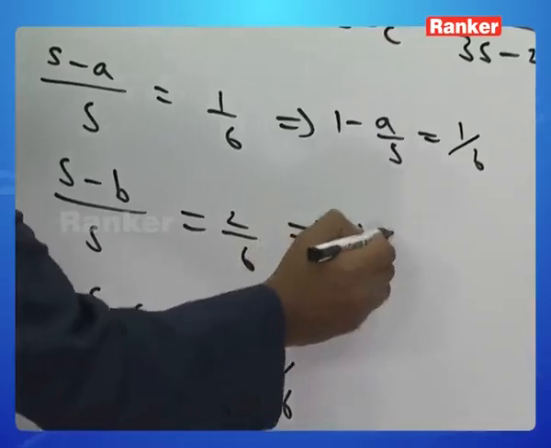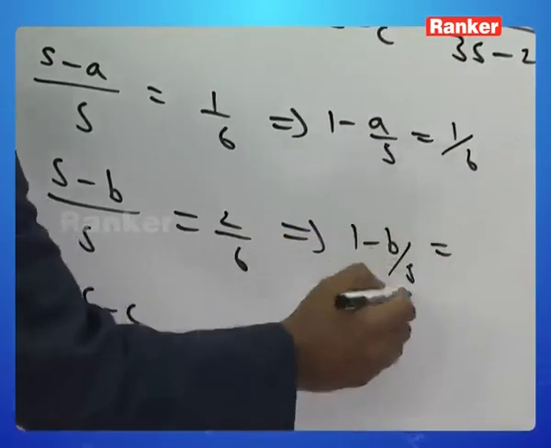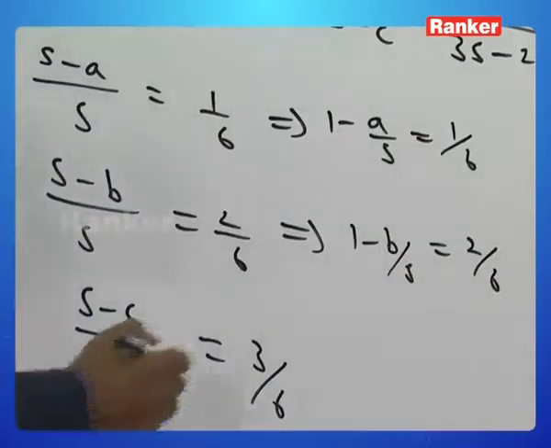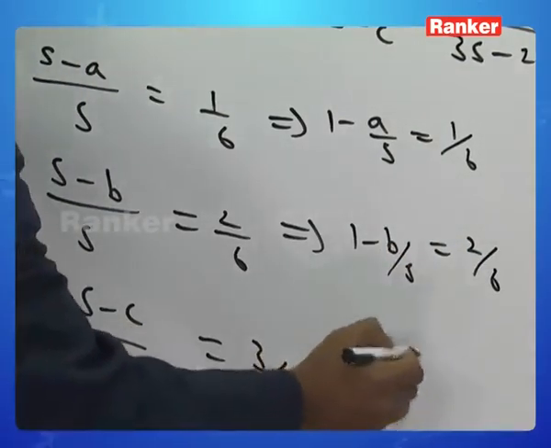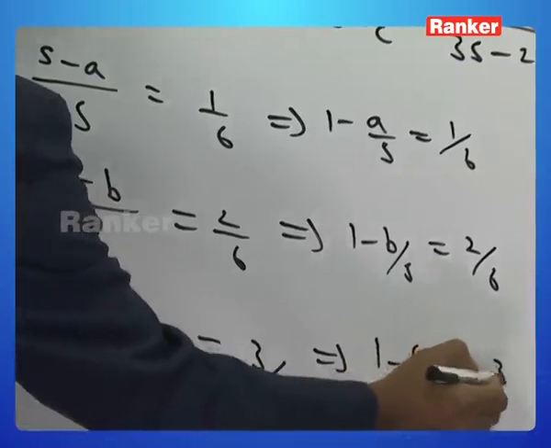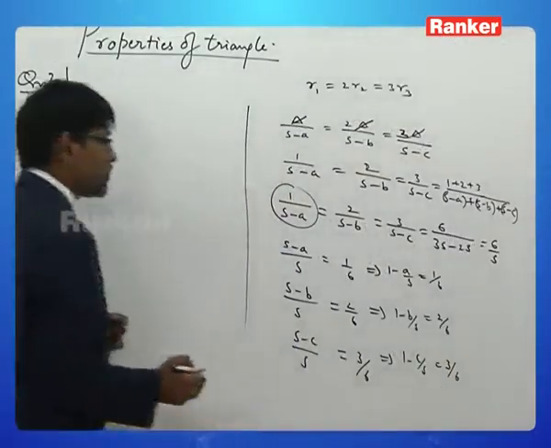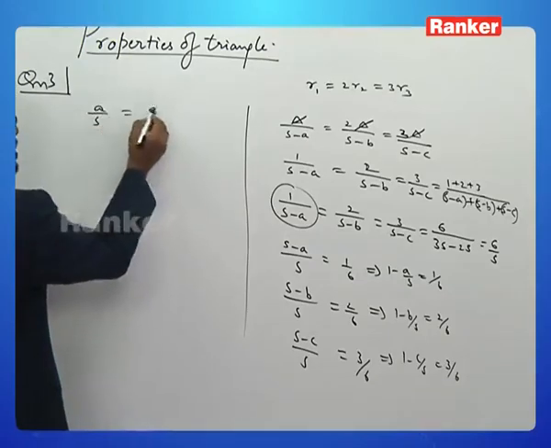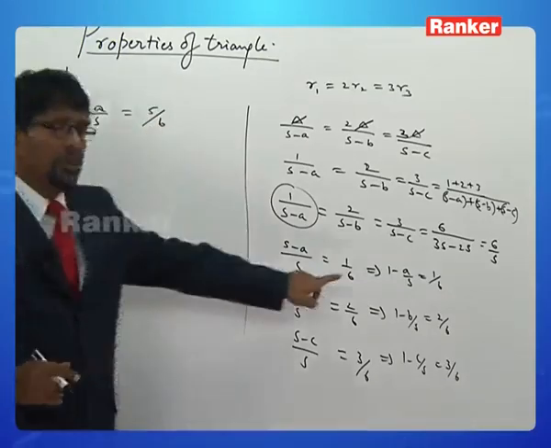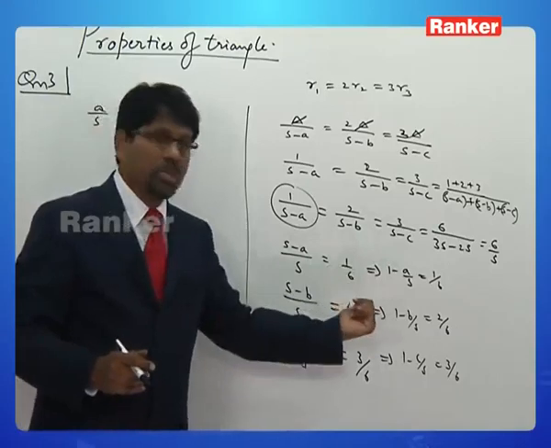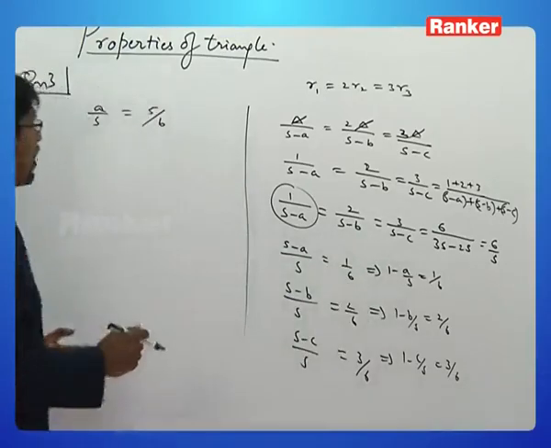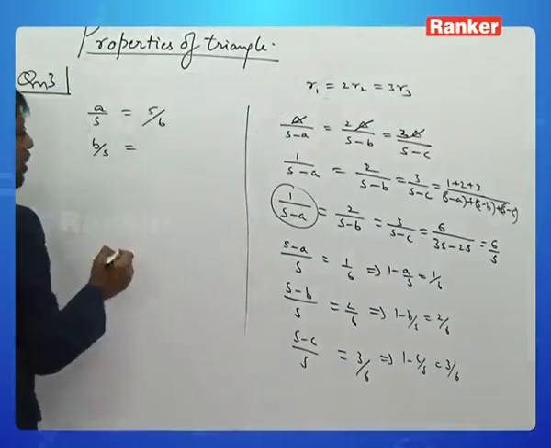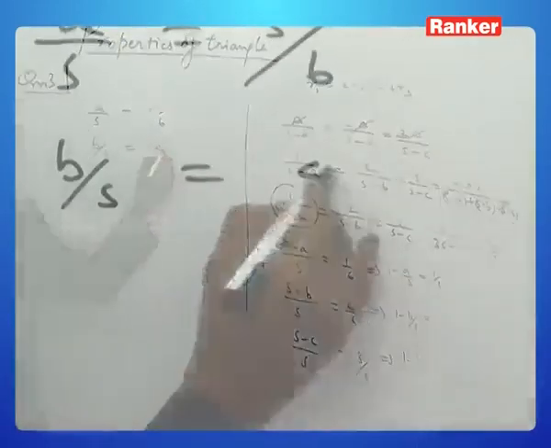From here 1 minus B by S is equal to 2 by 6, and 1 minus C by S is equal to 3 by 6. So clearly A by S will be 1 minus 1 by 6, that is 5 by 6. And what about B by S? That's going to be 1 minus 2 by 6, that is 4 by 6.